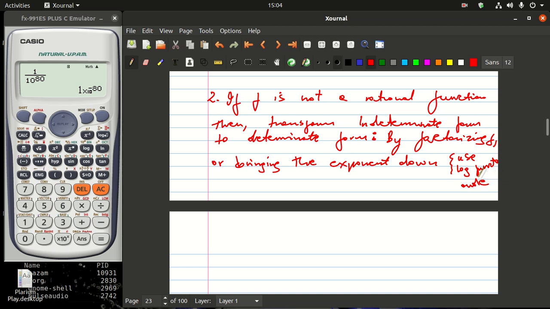So we use log functions and the Euler number e. That's what we actually do. Bring down the exponent, or what we do, create a power. So you can either create a power.